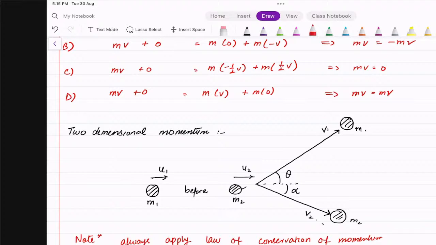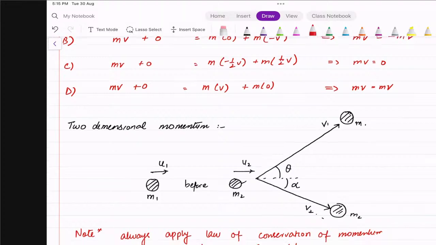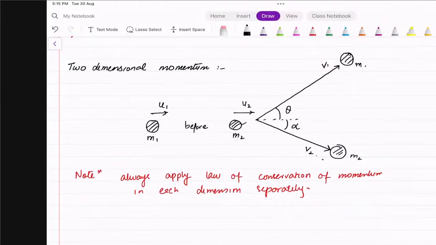That's what you got to do. What I'm going to do is make two headings, one for horizontal and the other for vertical.